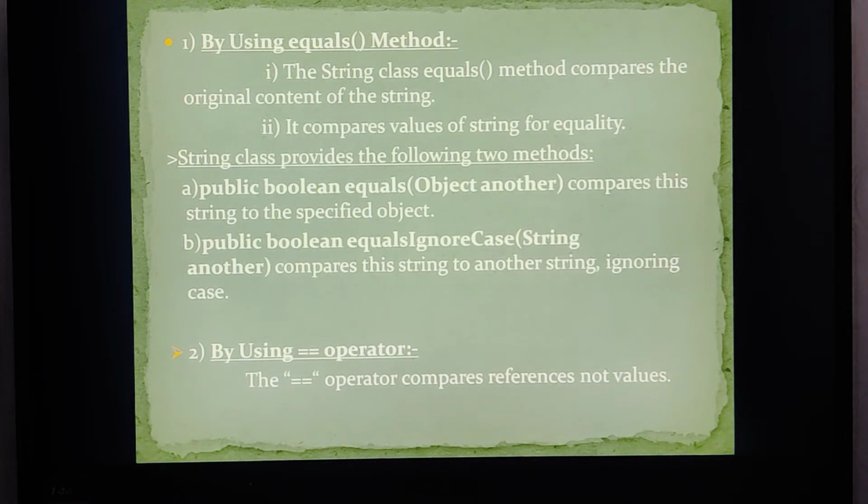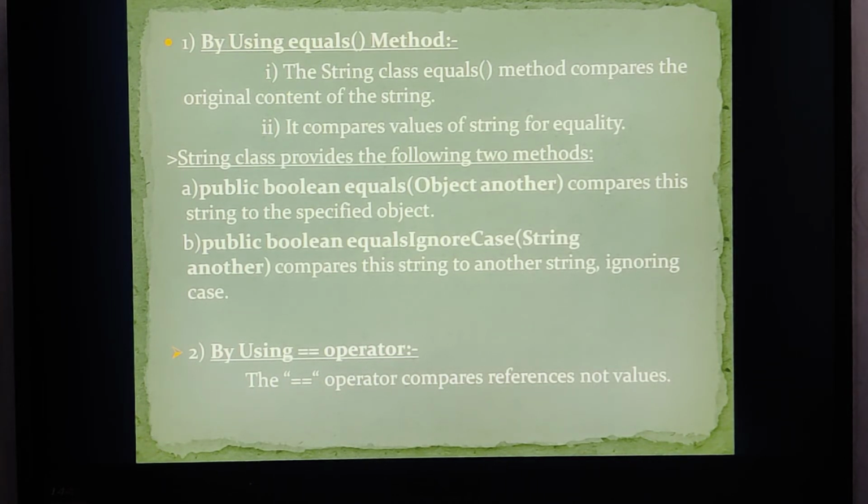So let me tell you here. When you are using the equals method, it will compare the two string values. Suppose I created string s1 equal to "welcome" and string s2 equal to "welcome", then when I use s1.equals(s2), it will return true, otherwise it will return false.